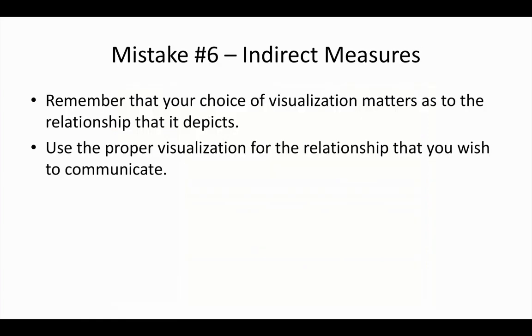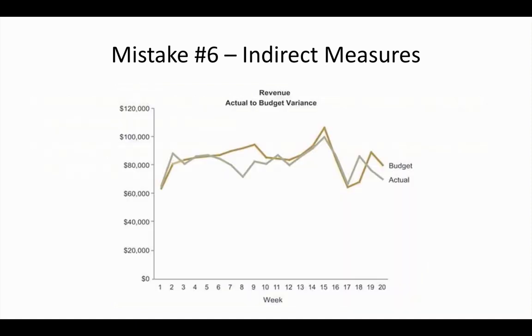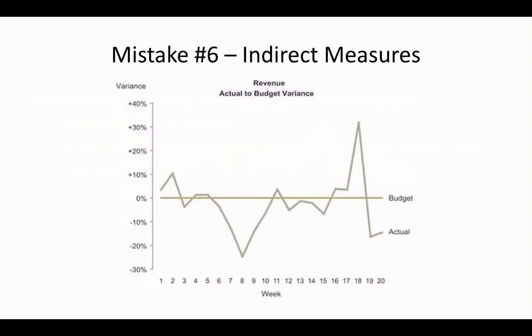We've talked about this last week when we were talking about deviation. For one thing, showing indirect measures uses up more pixels. But the other thing is that you want to make sure that you're using the proper visualization for the relationship that you're trying to communicate. Don't show this, budget versus actual, if what you're really trying to discuss is deviation, okay?